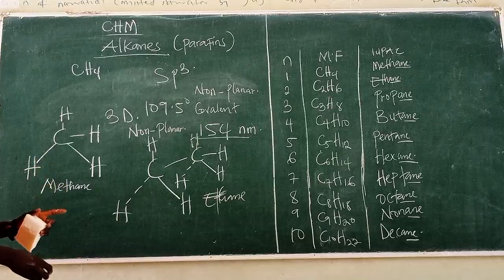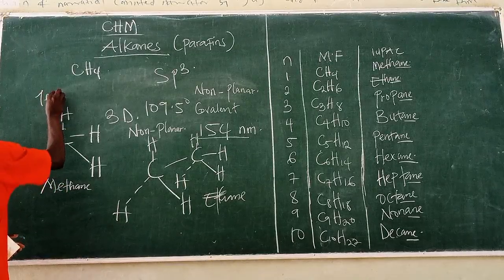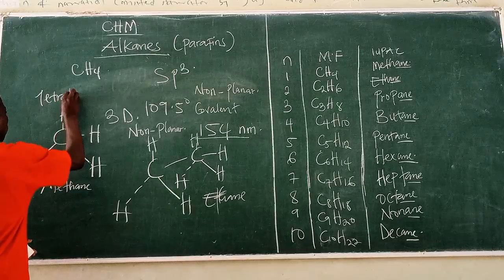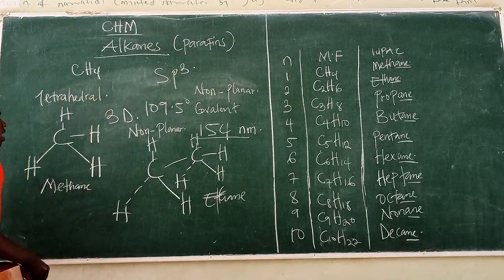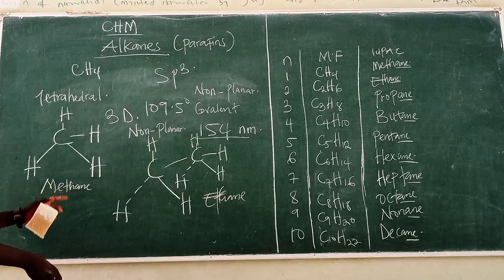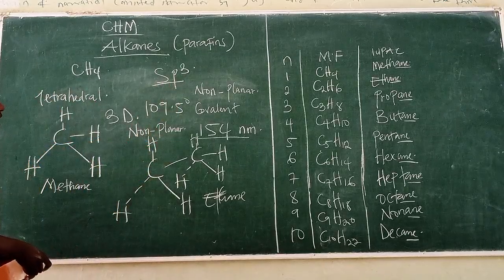All alkanes are tetrahedral in shape, with a hybridization of sp3.